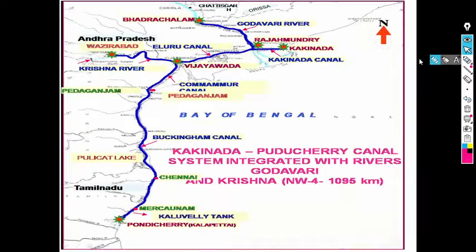See, this is the thing. This is Bhadrachalam, this is the Godavari river, this is Rajahmundry, Kakinada and the Kakinada canal, this one.